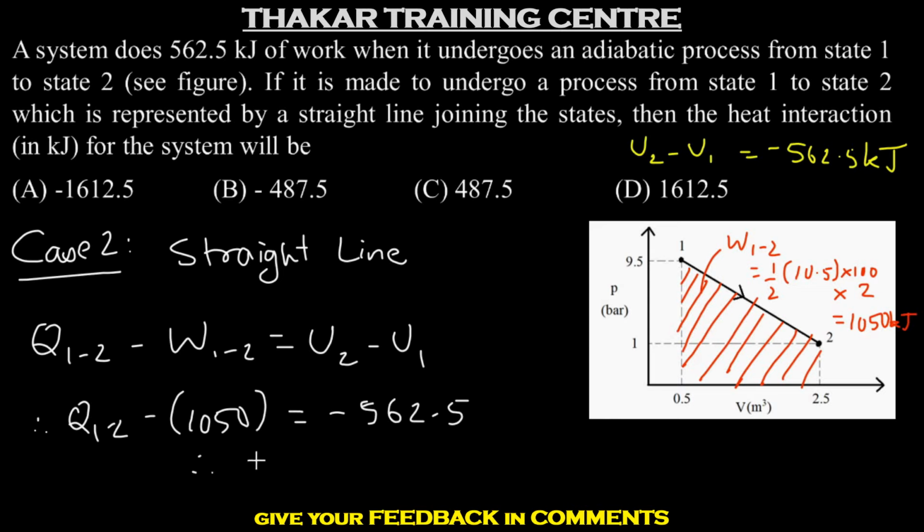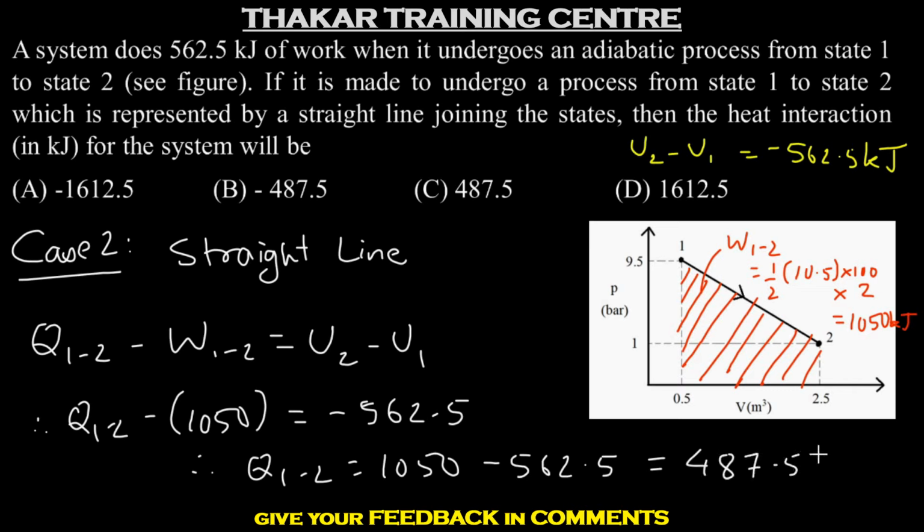So from here we will get Q12 will be equal to, this 1050 will come on this side, so we'll have 1050 minus 562.5, which turns out to be 487.5 kilojoules. So this will be the answer. This is the heat interaction, 487.5, which is option C.